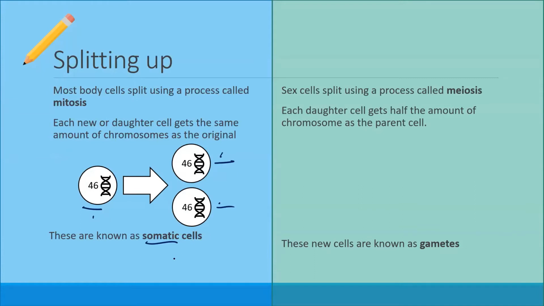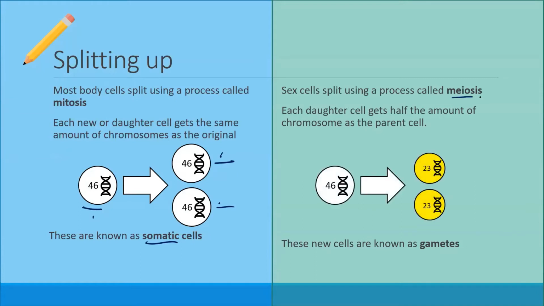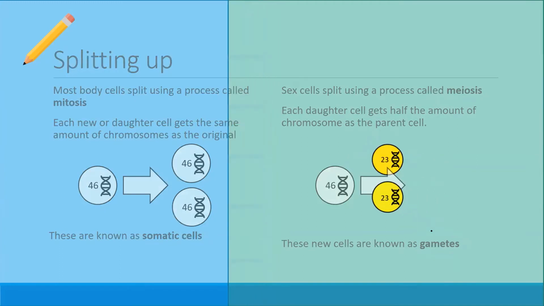We said that meiosis is different. In meiosis, the daughter cells, or the afterward cells, actually end up with fewer chromosomes. You go from 46 down to 23. That's half as many. We call these cells gametes. I'm going to talk about this later in period 6.